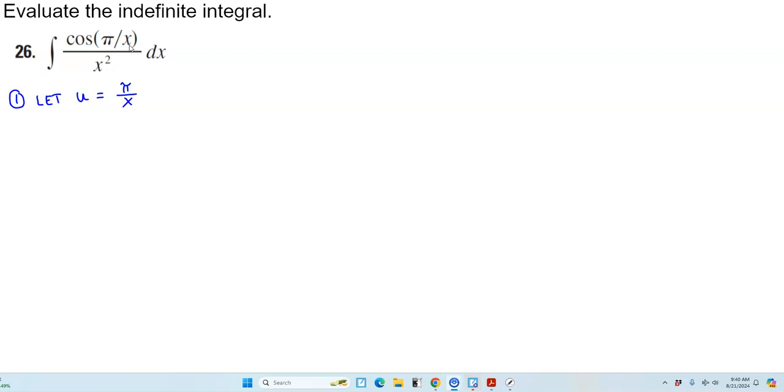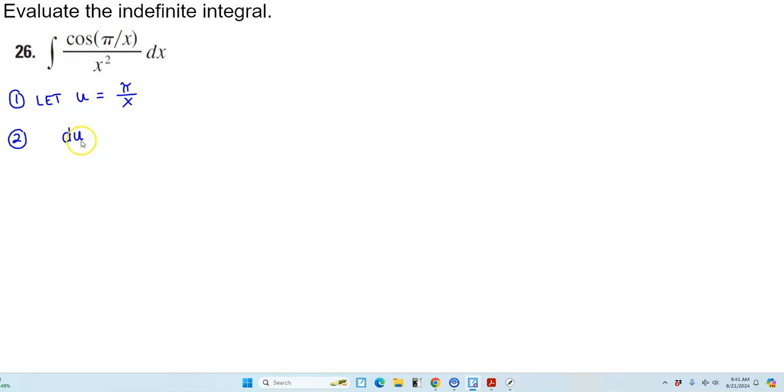Now we're going to take the derivative of both sides with respect to x. So we have du. Keep in mind that this is the same thing as, let's just rewrite that first.